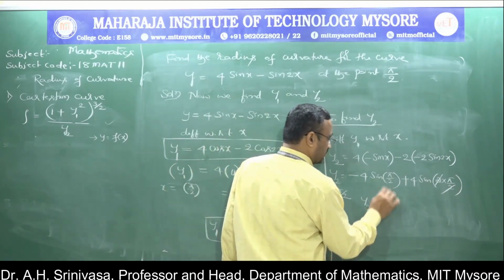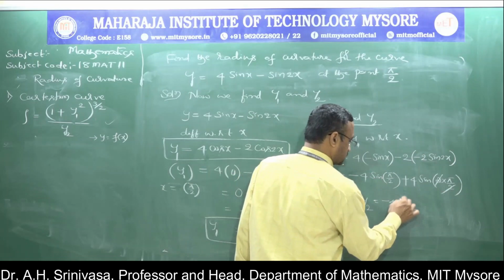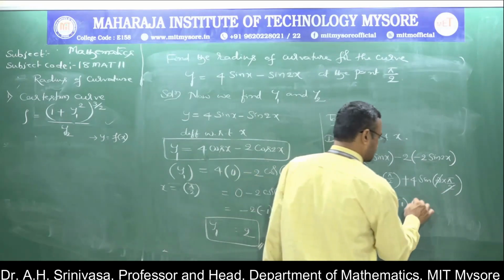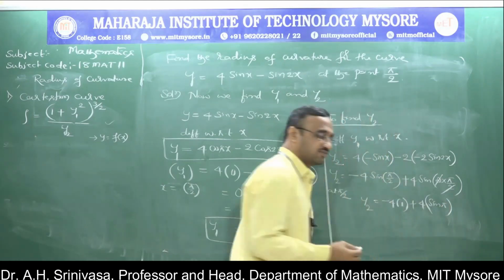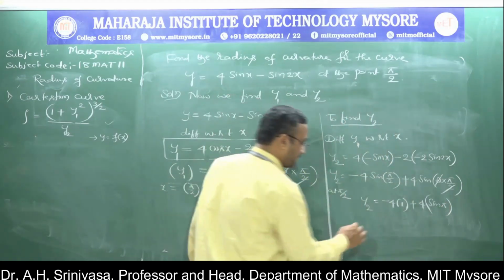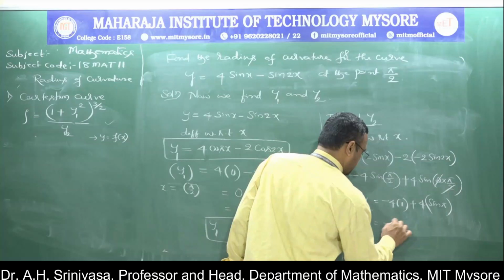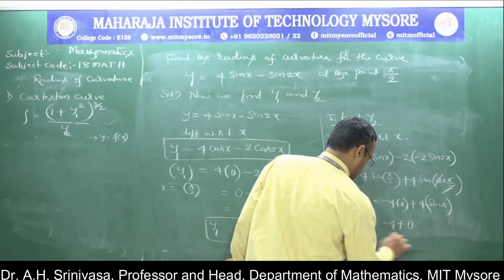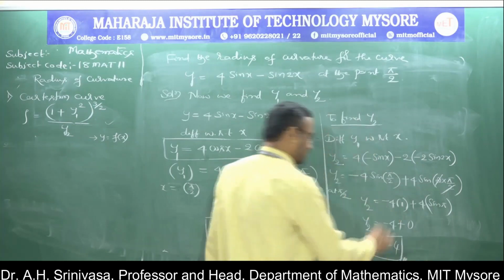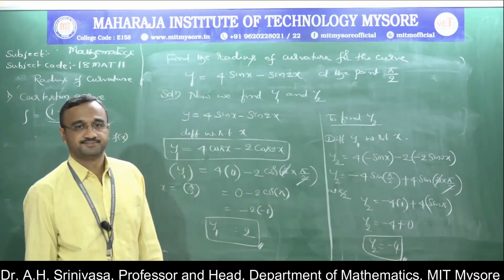What is the value of sin 90? It is 1. Plus 4 times sin pi. What is the value of sin pi? The value is 0. So it is minus 4 plus 0. In general, we have the value of y2 as minus 4.